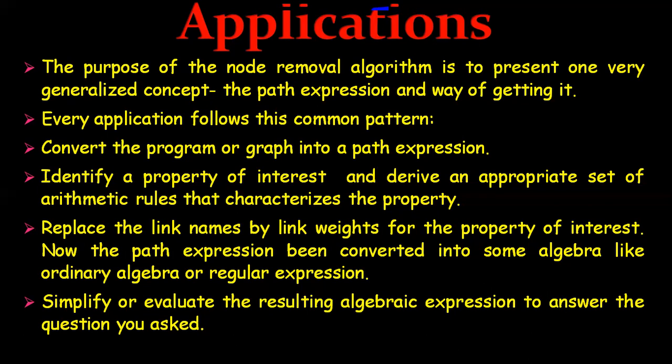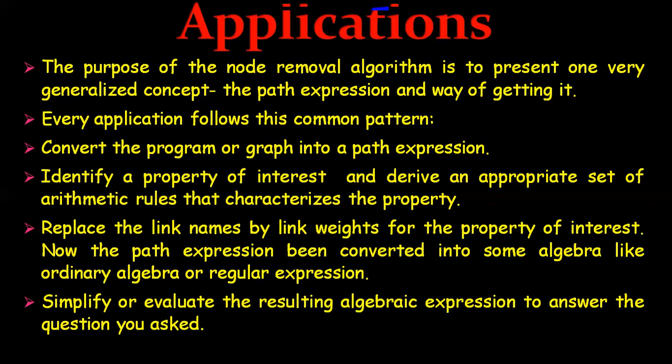The common pattern we follow in each application is that we have to convert the program or graph into a path expression, recognize a property of interest, and organize an appropriate set of arithmetic rules that describe the property.